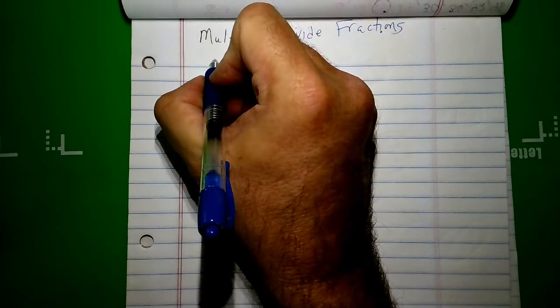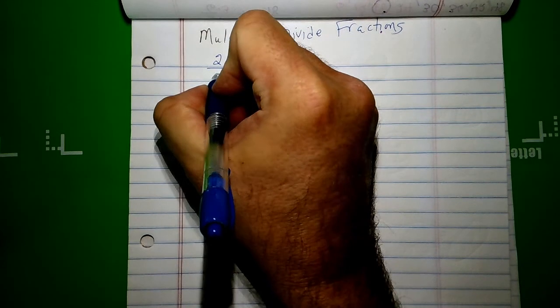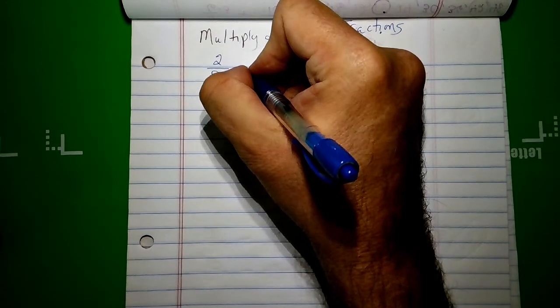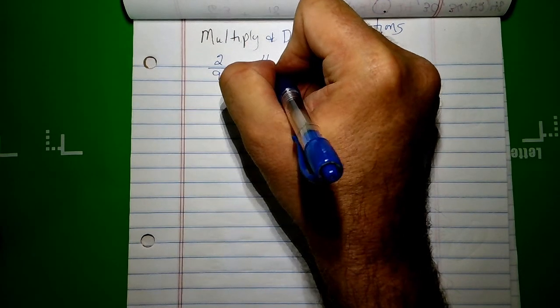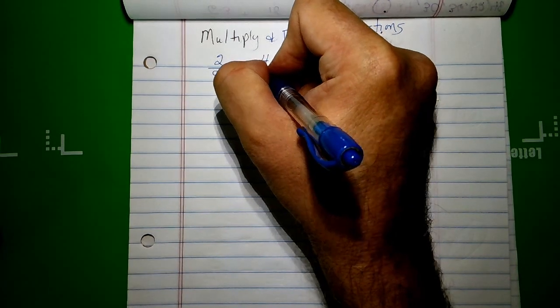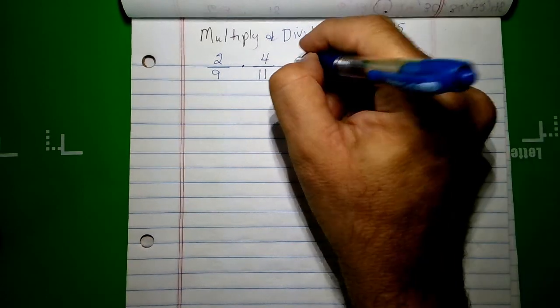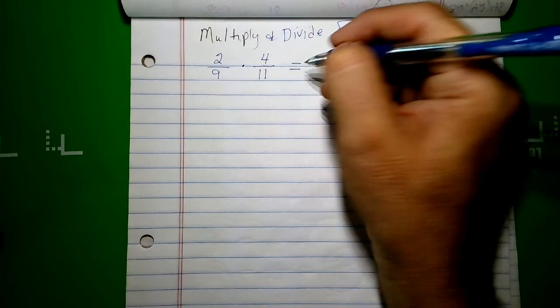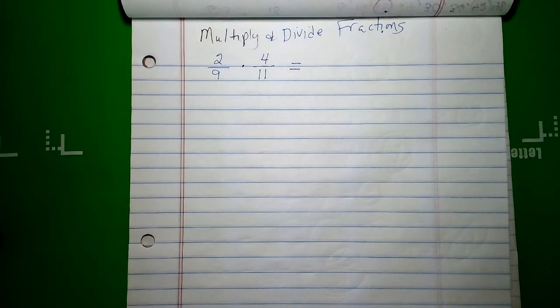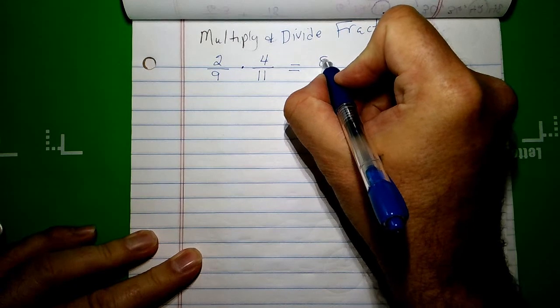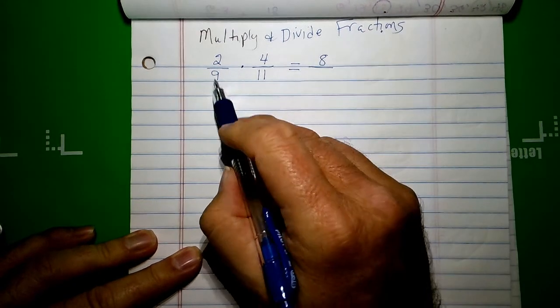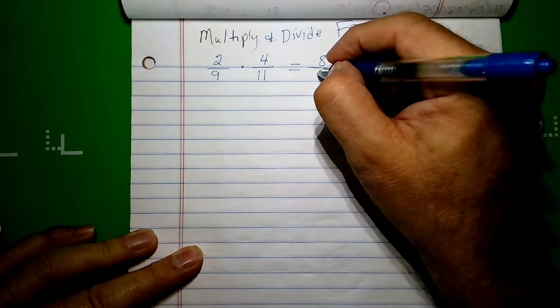Here's a good one. 2 over 9 times 4 over 11. To multiply fractions, you multiply straight across. 2 times 4 is 8. 9 times 11 is 99.